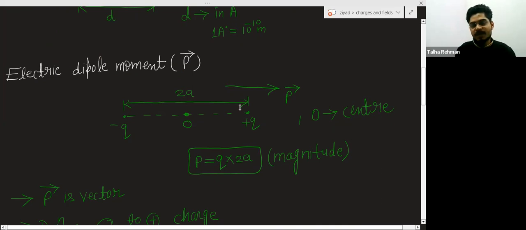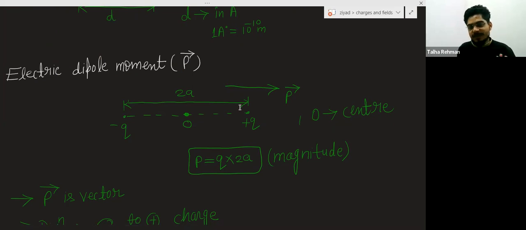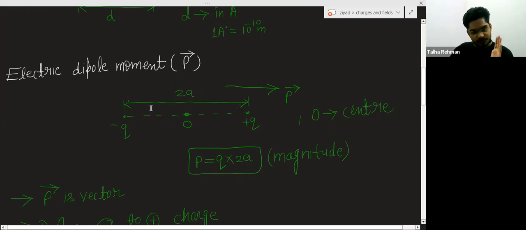But in all the books, it is given as 2a. So take the distance as 2a. The magnitude of the dipole moment is given by either of the charges multiplied by the distance between the two charges, that is q into 2a. The direction of the electric dipole is always from the negative charge to the positive charge.